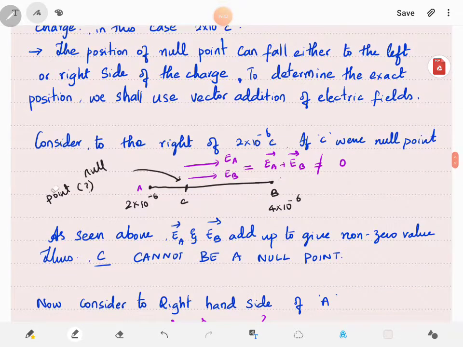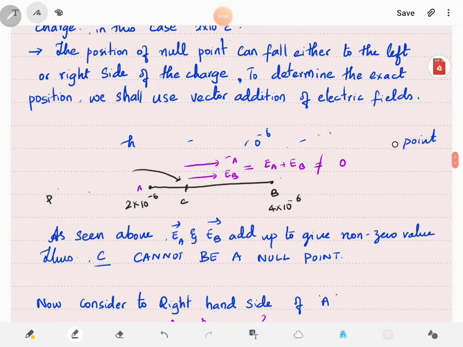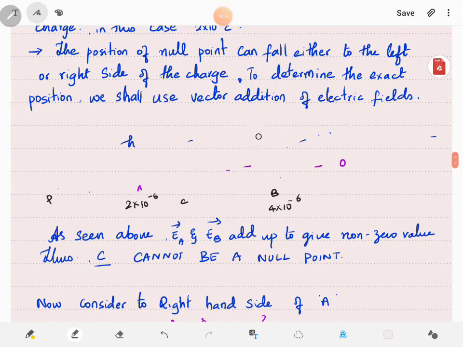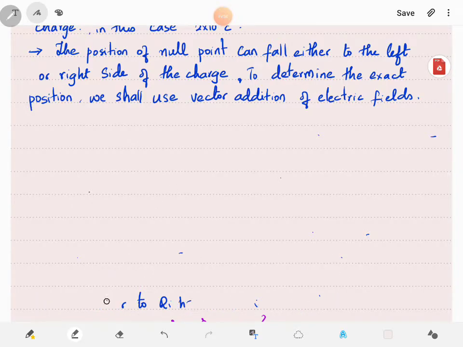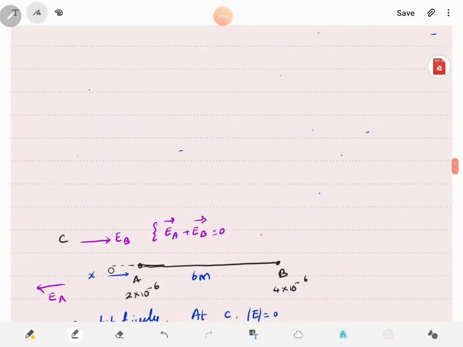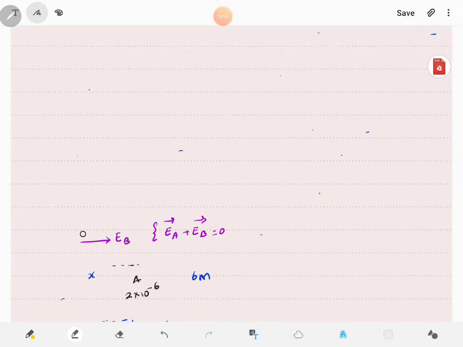Just a moment. Let me solve the question for you. Let me erase this completely so that you can see the directions of electric fields clearly. I should not have written this. Anyway, no problem. Let me solve it clearly so that I don't have to write once again on the screen. It becomes a mess.